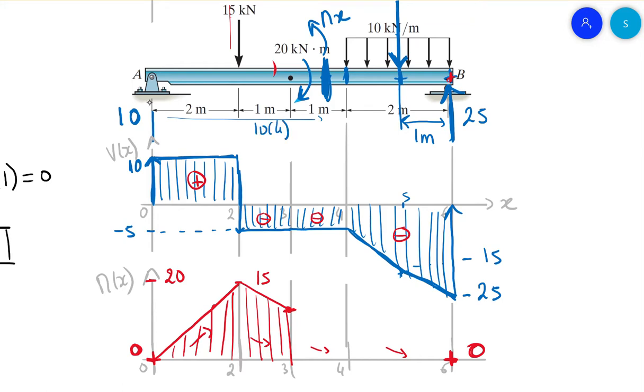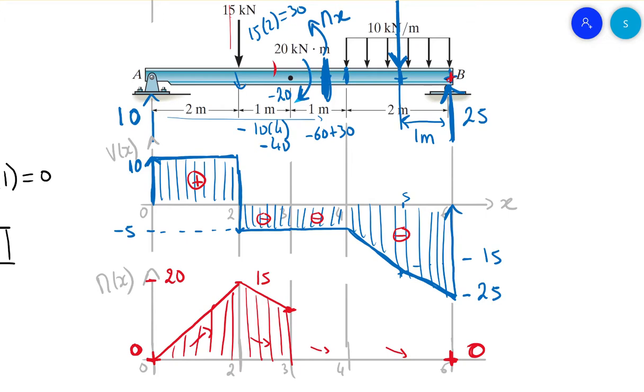We will have 15 times 2 equal to 30, and this one is minus 40, and we will have the minus 20. So minus 40, minus 20, minus 60, plus 30. I forgot the 5.